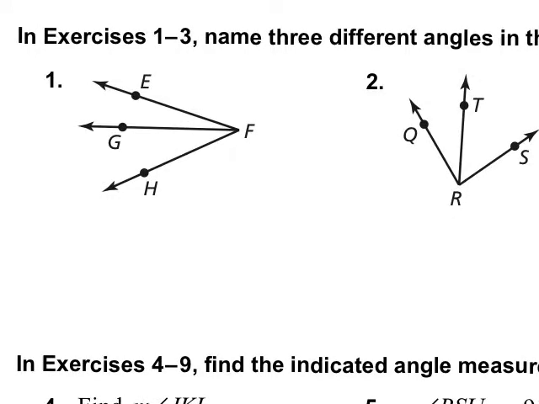So I'm naming 3 different angles here, okay? There are two different ways you can name an angle. If I'm looking at this angle right here in red, I can name it one of two ways. So we could call it angle F. You can name it based on the vertex if that vertex covers the complete angle.